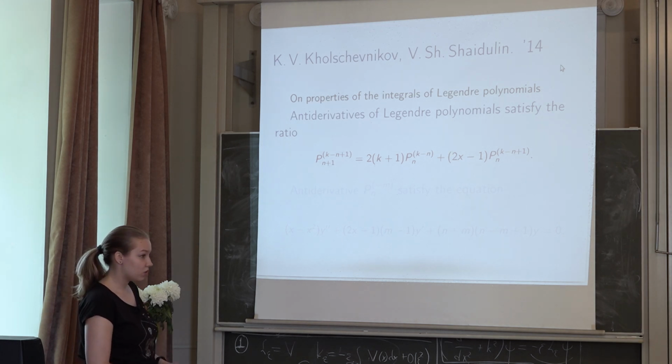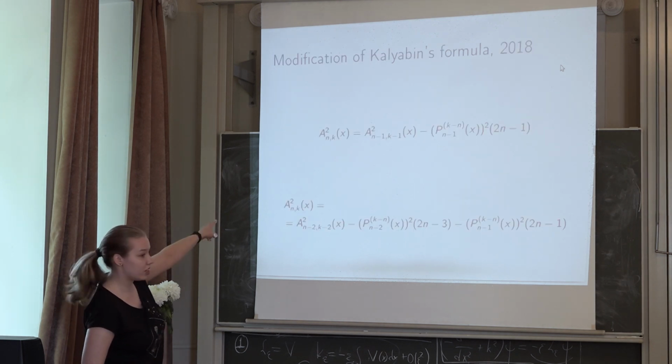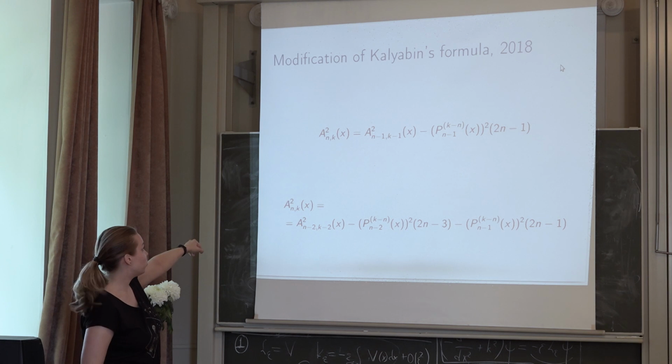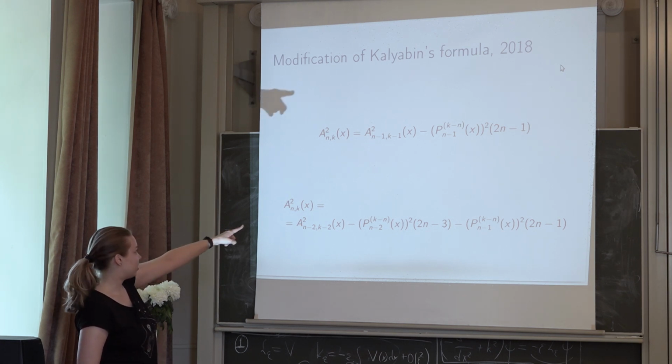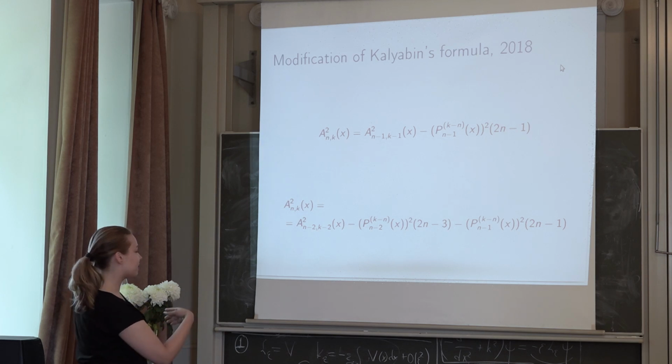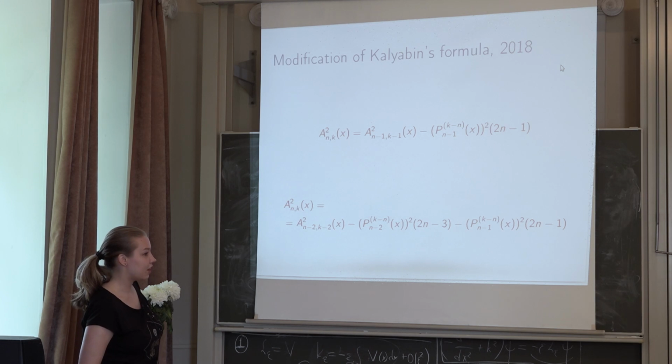Why are these polynomials important? Here is a recurrence formula, and we know A_{n,0}. It is an exact formula. And why do we have this formula? That is the question.